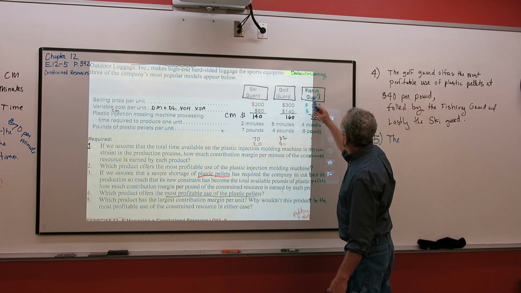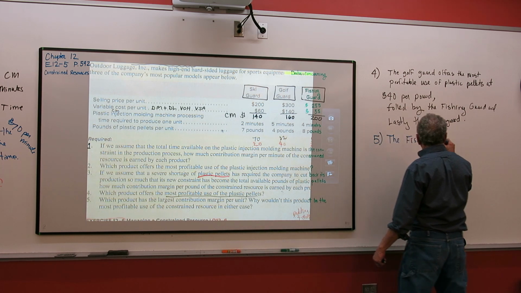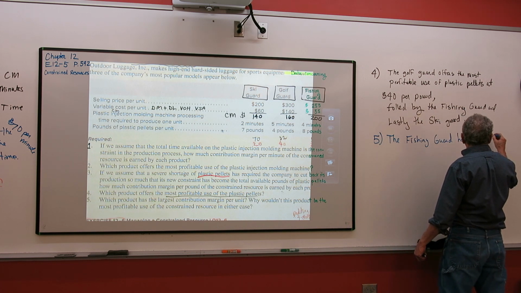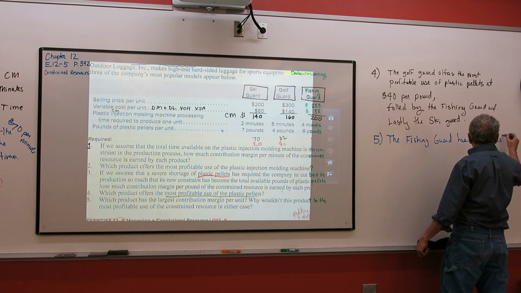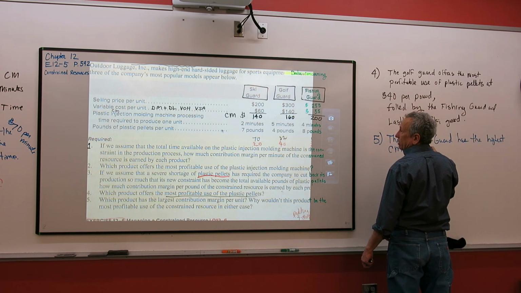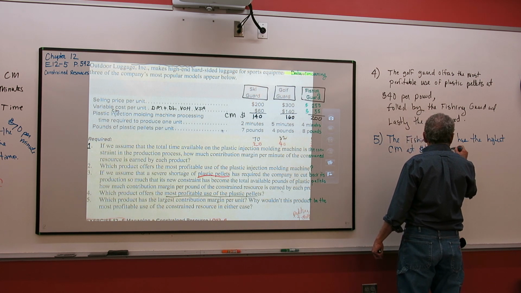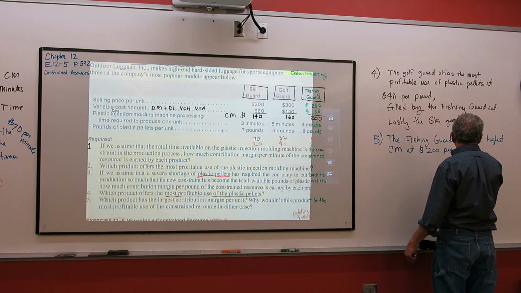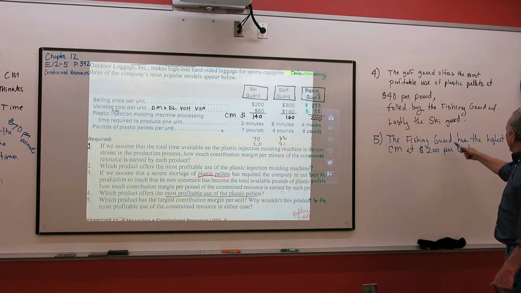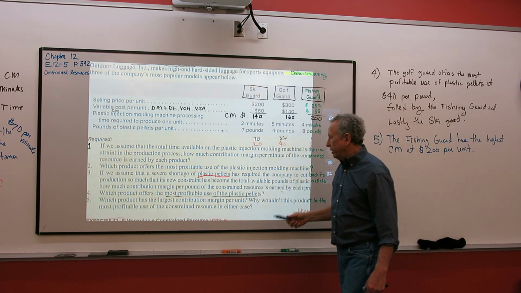The fishing guard has the highest contribution margin at $200 per unit. So there's the answer to 5.1. The fishing guard has the highest contribution, $200 per unit. Okay. That's what they asked for.